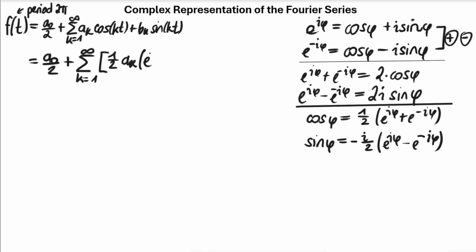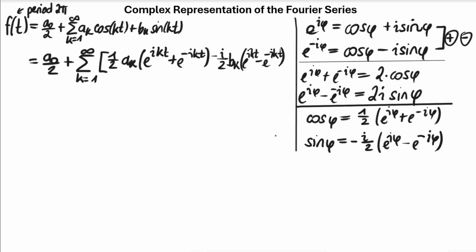So this is e to the power i kt instead of phi, plus the same with the minus sign. And then we have minus i half, the b_k coefficient times the same with minus. Close the square bracket.